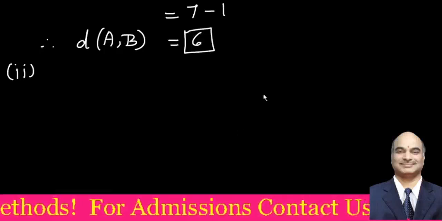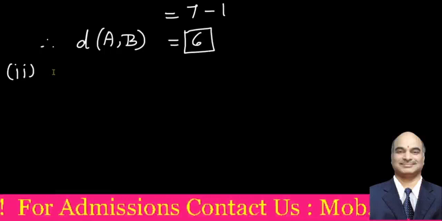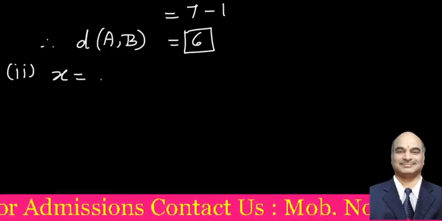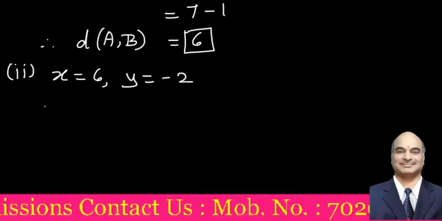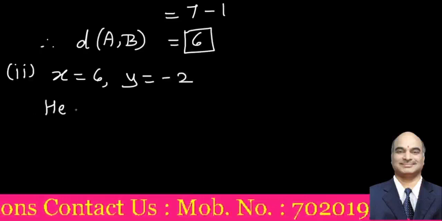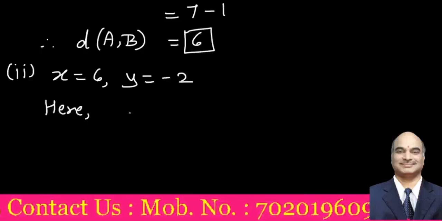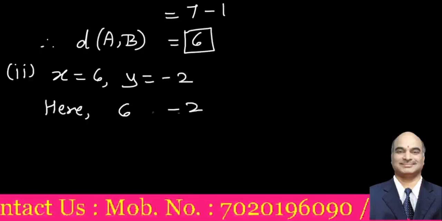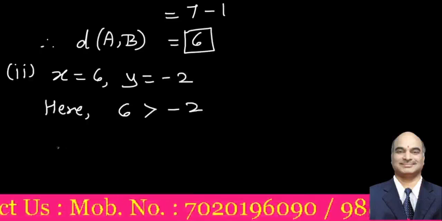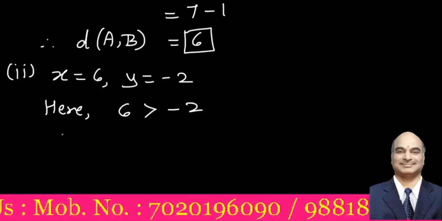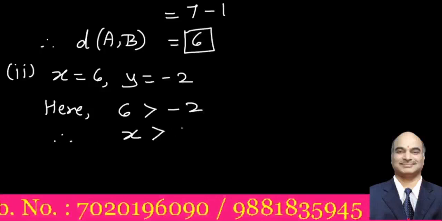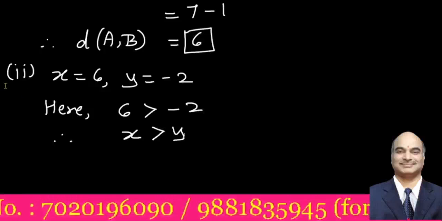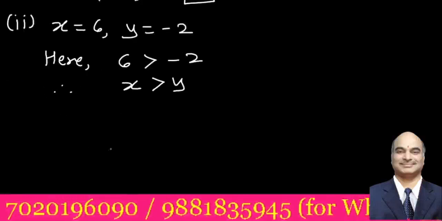So here, 6 and minus 2: minus 2 is less than 6. Therefore, x is greater than y. Now the case has changed, x is greater here.